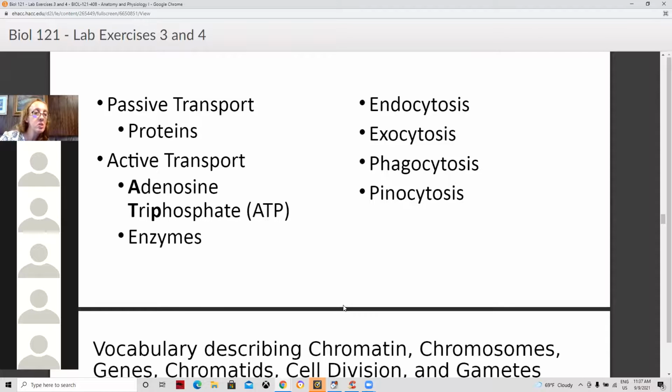Unless you force it to move the other way, from a low concentration to a high concentration. Things always move from a high to a low unless we force it otherwise. That's what it means to be passive transport: to just let things do what they're going to do.